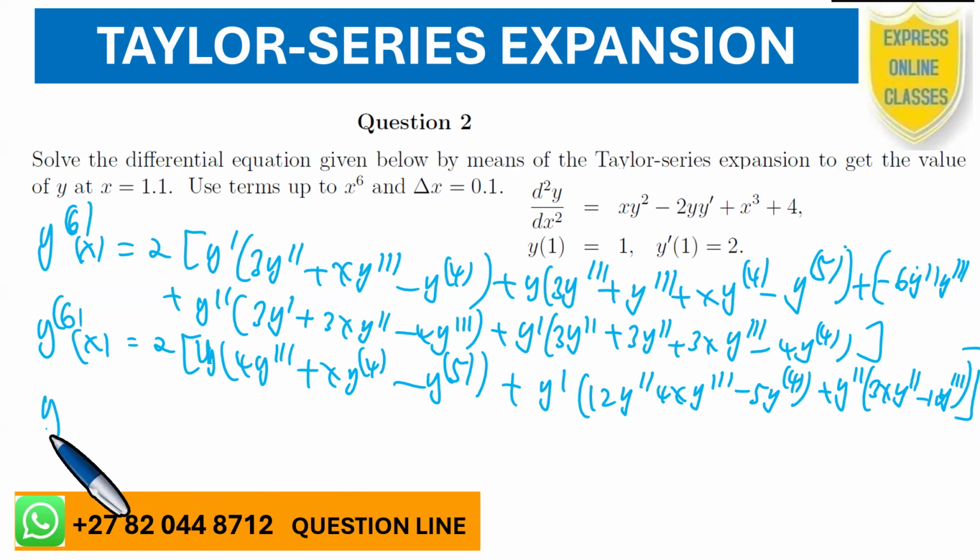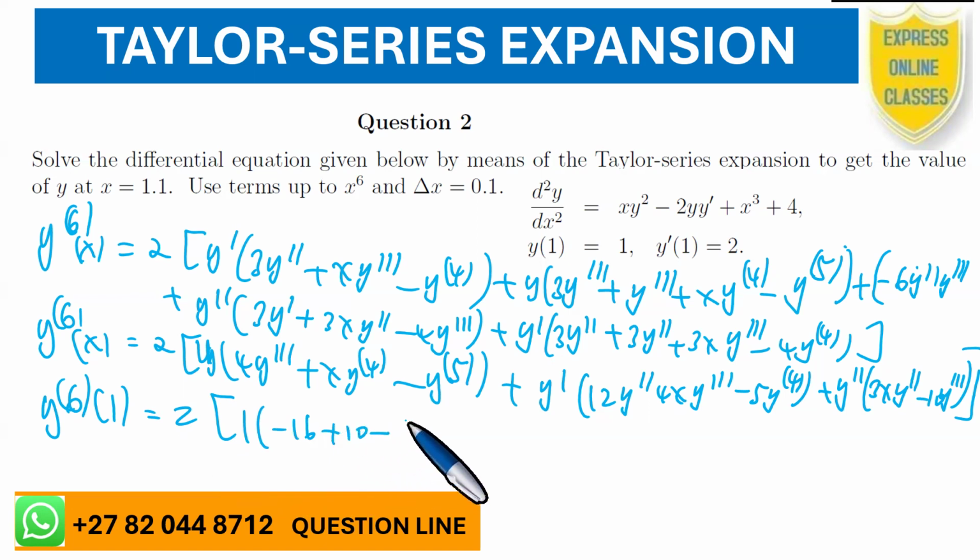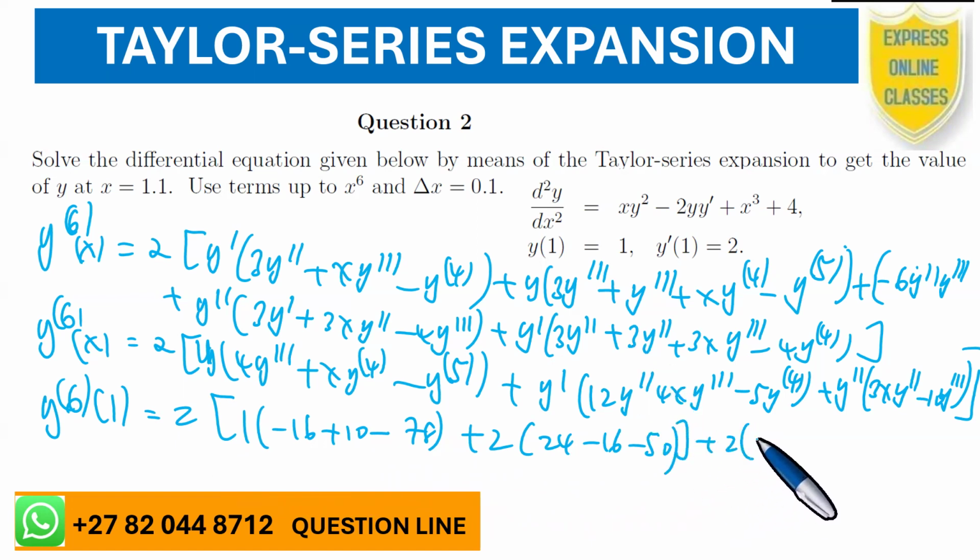So that in the end, then you have 6, 1, which is 1 minus 16 plus 10 minus 78. Substitute everything we've got before. 2, substitute 24, substitute 16, substitute the minus 50, substitute the 2 and the 40. Getting everything here becomes minus 152.